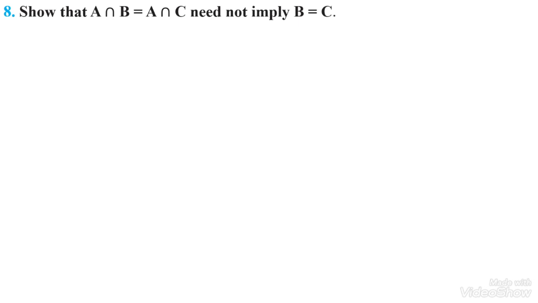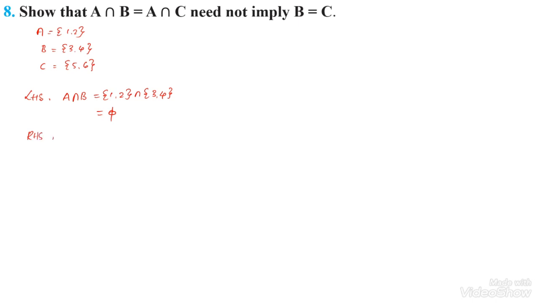Okay. So I will consider one simple example here. A contains the elements 1, 2, B contains the elements 3, 4, C contains the elements 5, 6. Now LHS part, A intersection B. Set A containing 1, 2, intersection B containing 3, 4. There is no common element. The result will be the null set.